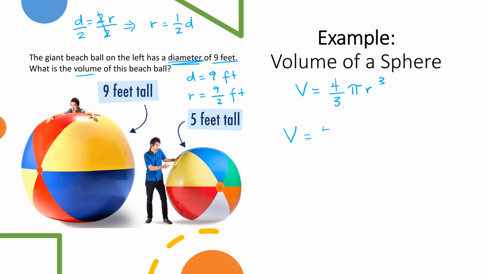So we have the volume is 4/3 times pi times the radius cubed. When we cube something, we multiply the number by itself 3 times. And when we're cubing a fraction, we can multiply the numerator times itself 3 times and the denominator times itself 3 times. So this is really like 9 cubed over 2 cubed.